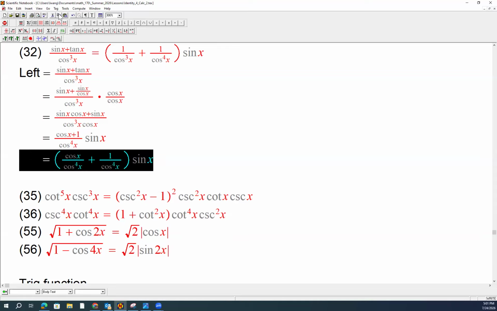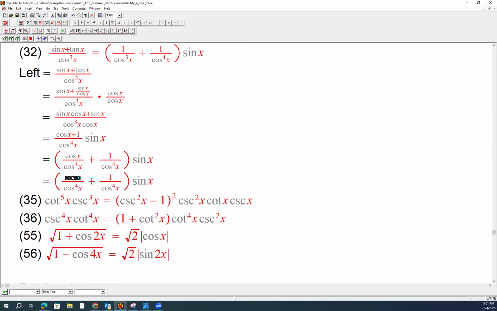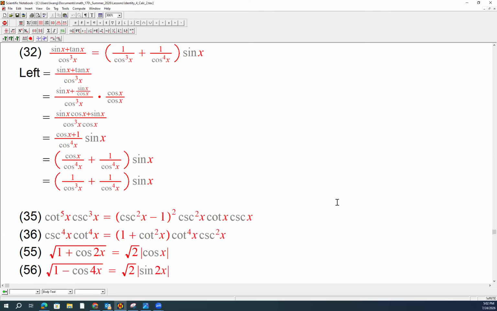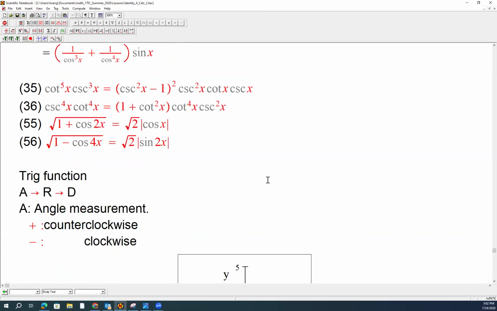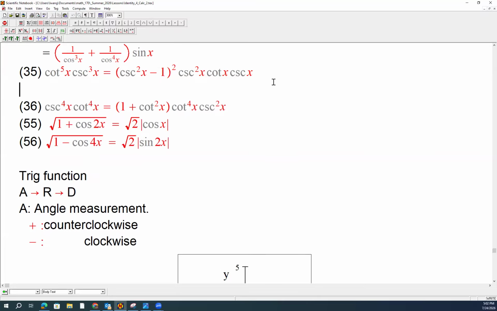So towards the end, we just simplify. So this piece will have 1 over cosine to the power of 3, and that's it. We got to the right-hand side. Okay, so that will be calculus ready.